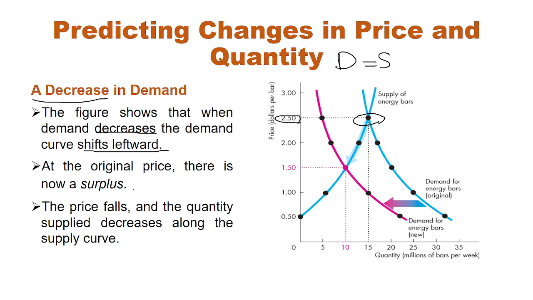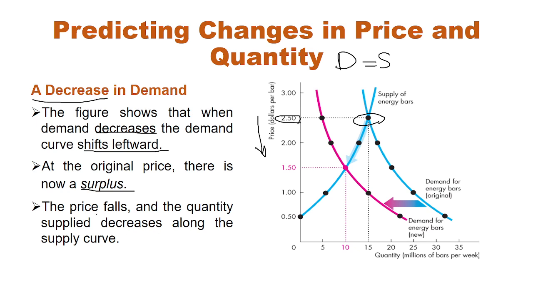And at the original price, now there is a surplus, because the demand curve shifted to the left and there is a surplus in supply. This means that the amount of supply is more than the amount of demand. So the force of the surplus takes place and pushes the price down.